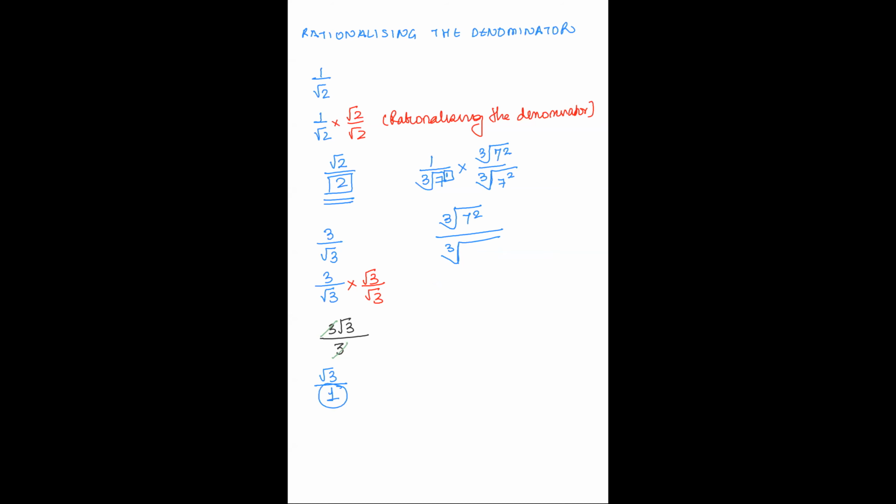When you multiply cube root of 7 into cube root of 7 square, you get cube root of 7 cube, and now this gets cancelled out and you're simply left with cube root of 7 square, that is cube root of 49, the whole upon 7. And see, we have rationalized the denominator. It is so easy, okay? So this is how we rationalize the denominator when we have got a single term in the denominator.